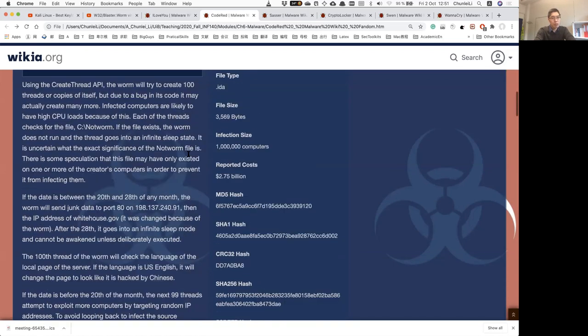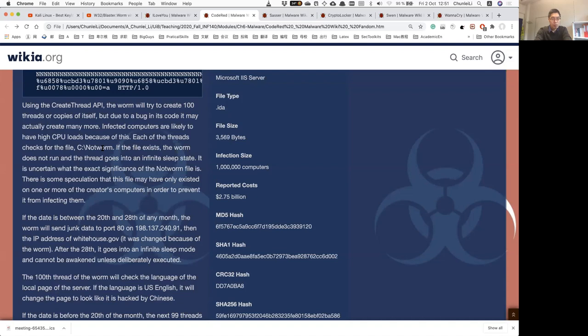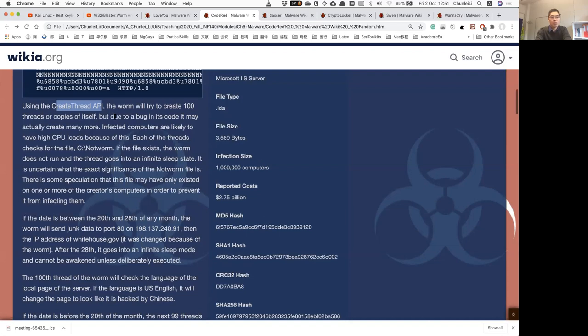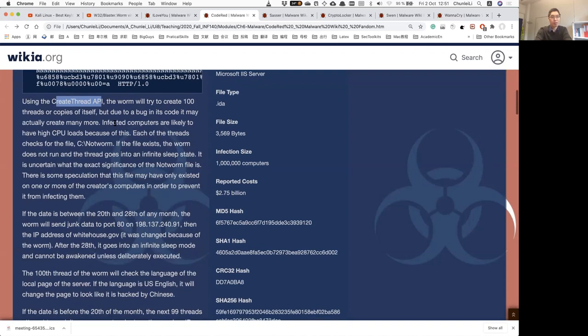Interesting here, let's look at some information for Code Red. Using this CreateThread API in its code, Code Red will try to create 100 threads, or copies of itself. But due to a bug in its code, it may actually create many more threads.